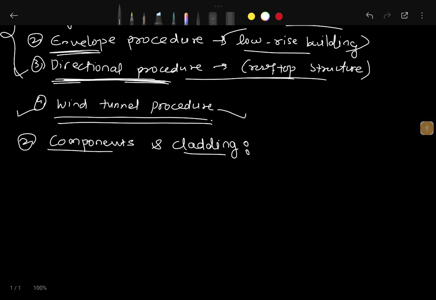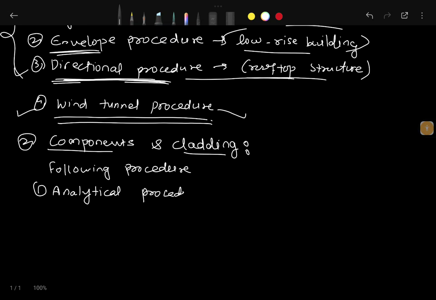If we want to design with the help of the components and cladding method, then the following procedures are adopted. The first one is the analytical procedure, and the second one is the wind tunnel procedure.